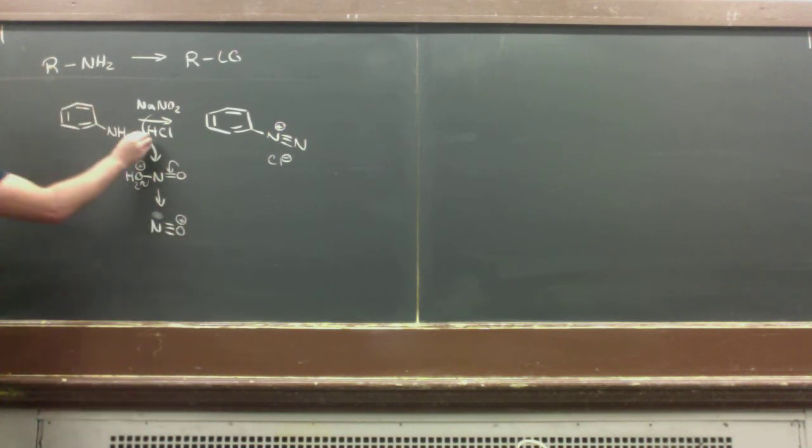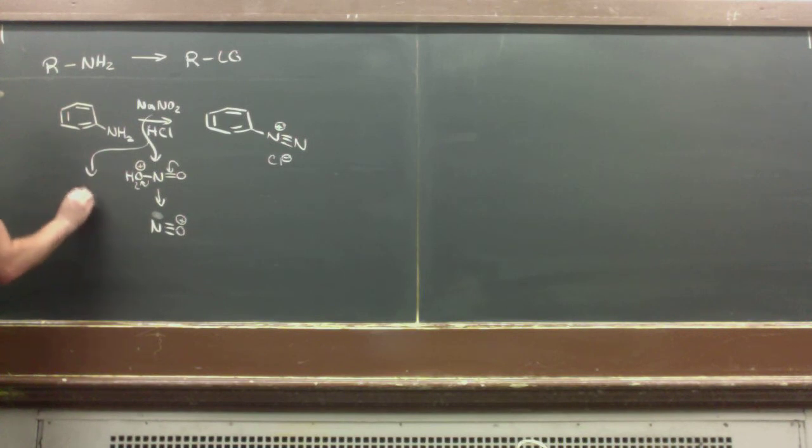Alternatively, you could draw it with the nitrogen getting to this protonated state, and then you could add it in there. The net result is effectively the same. You're just going to do a dehydration process. So either of these systems, if you were asked for a mechanism, would be fine. I think the book shows this one. They're basically both saying the same thing.